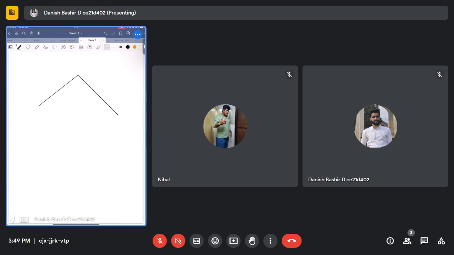For example, we are having this truss structure like this. It is having a hinge here and a roller support here. Let me draw one joint here.